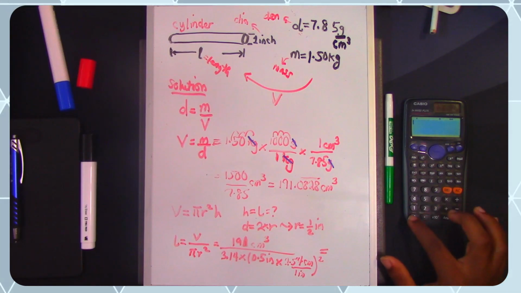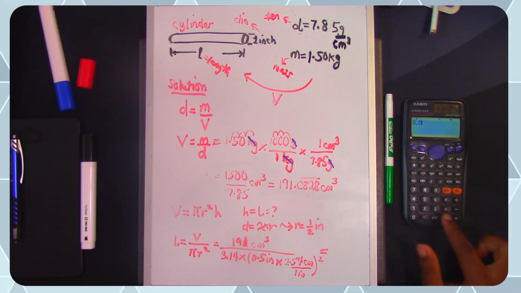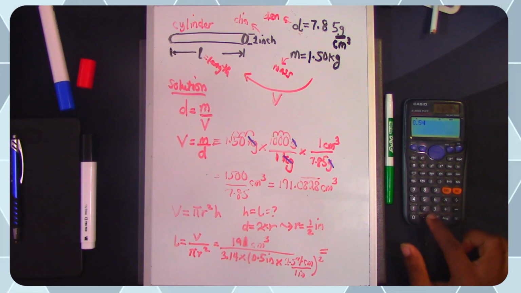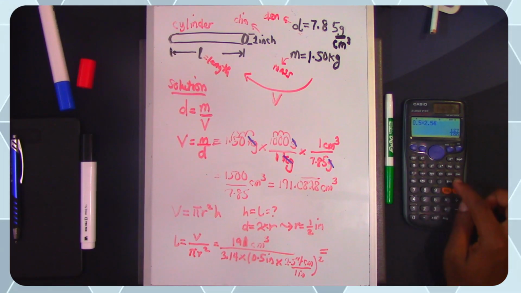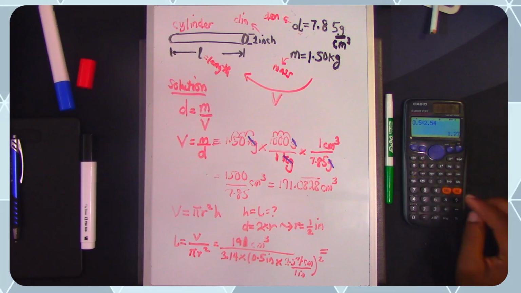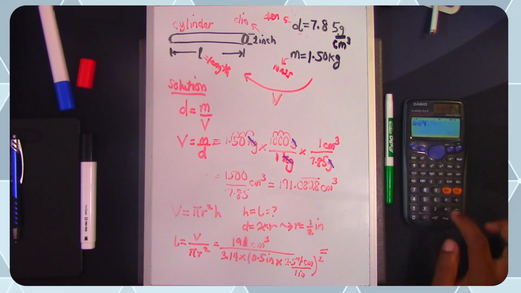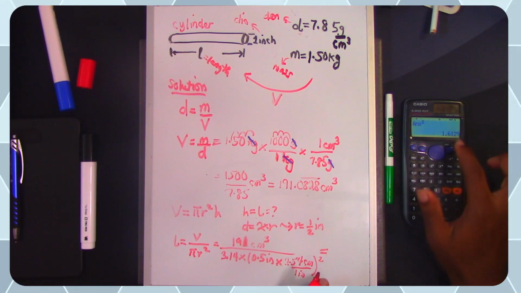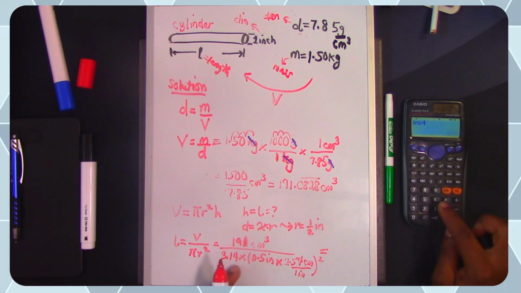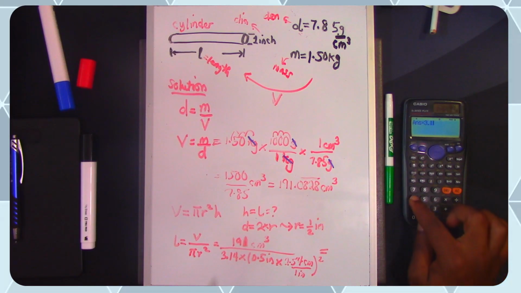So first off, what we do is 0.5 we multiply it by what? 2.54, and this is equal to this value. Now take note here that we need to do the square of that, so we apply the square to the answer, and that is equal to this number, and this number here is going to be multiplied by our 3.14.